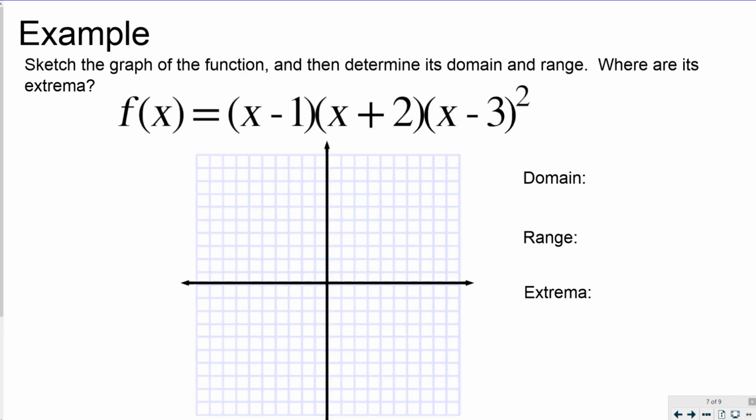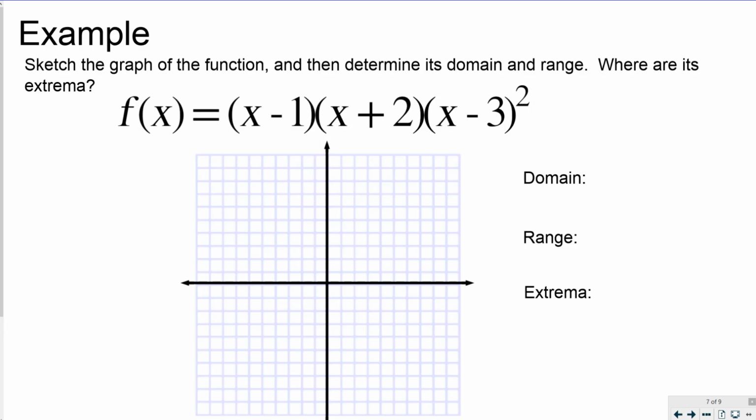Sketch the graph of the function and determine its domain and range. Where are its extrema? So the previous function was in what is known as general form. This function is in what is known as factored form. I can see all of the linear factors plotted out.